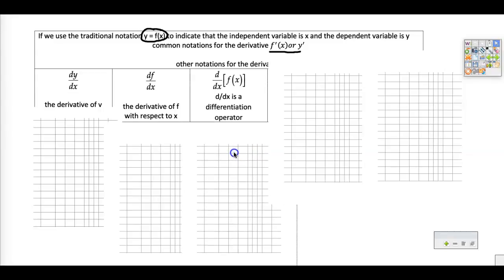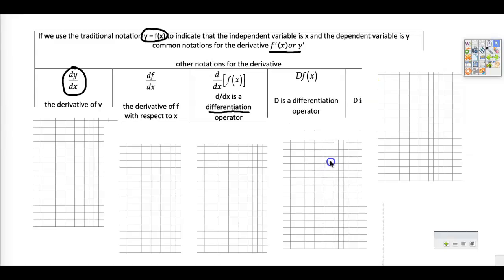Another one that you'll see that we use is the derivative d with respect to x of f of x. A lot of times players get this notation, dy dx is different than d over dx of f of x. And so d over dx is that differential operator.